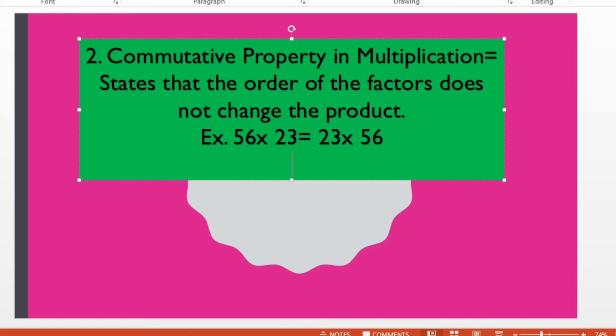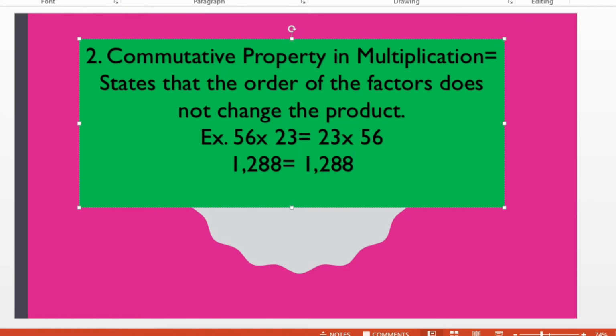So the answer is 1,288 equals 23 times 56. The answer is 1,288. Ayan.